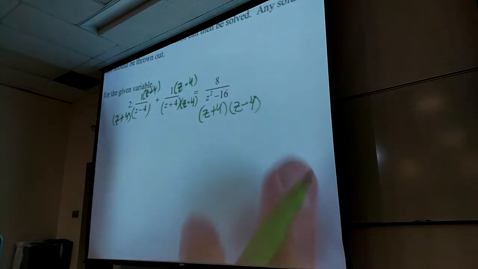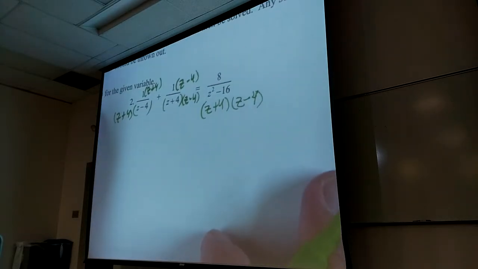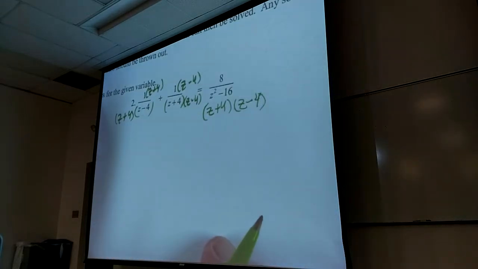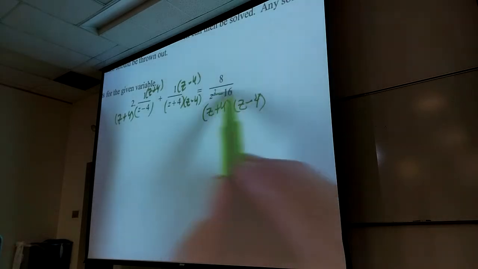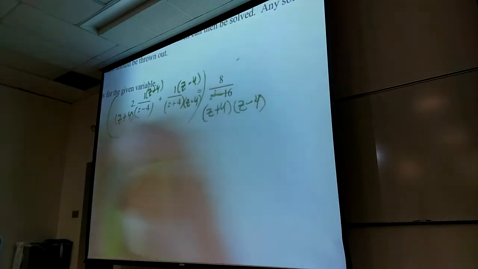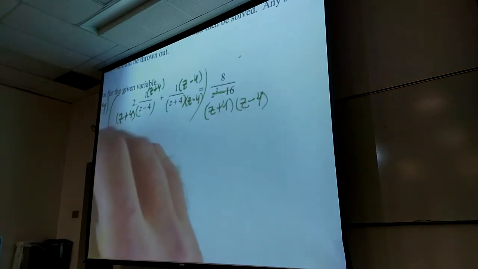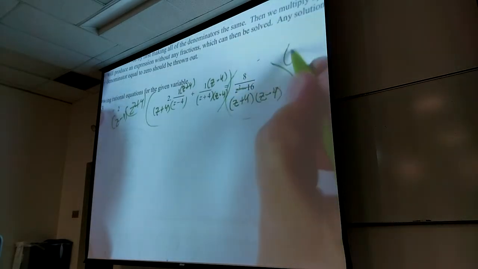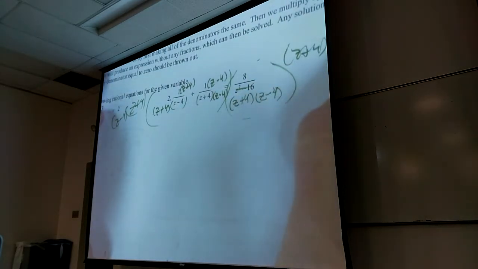Now, let me see if you guys can handle this without me having to rewrite all of this. I can multiply both sides by what now? Z plus 4, Z minus 4. Because whatever I do to one side, I got to do the other side.